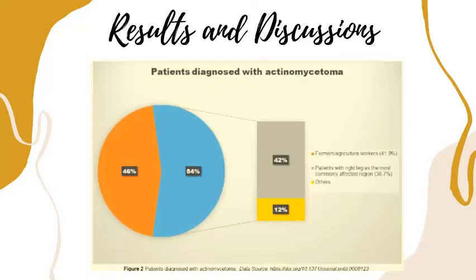For Figure 2, it shows the classification of patients diagnosed with actinomycetoma: about 50% of the 31 patients had bone involvement, and the right leg was the most commonly affected region in 38.7% of cases. Meanwhile, 41.9% of the patients were farmers or agriculture workers.